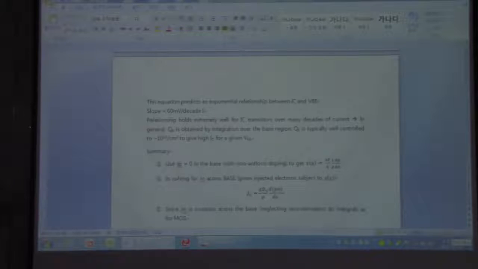Are these letters clear on the screen? Okay, the summary: we put the emitter-base electric field at 0.